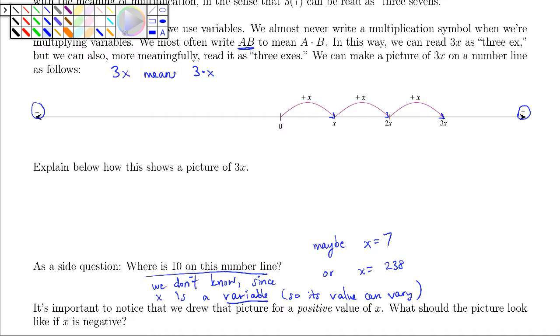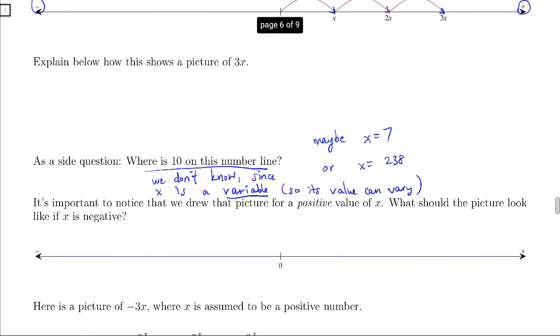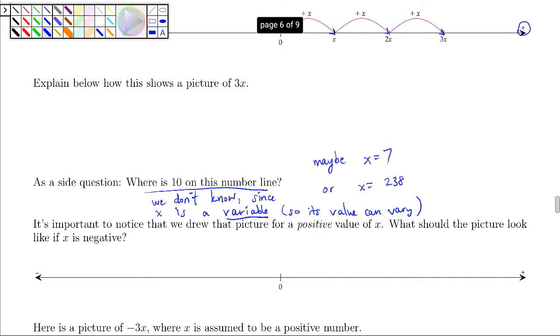It's not an unmovable convention, but it is the convention. So what would it look like if x was a negative number? If x is a negative number, then x would be somewhere over here.